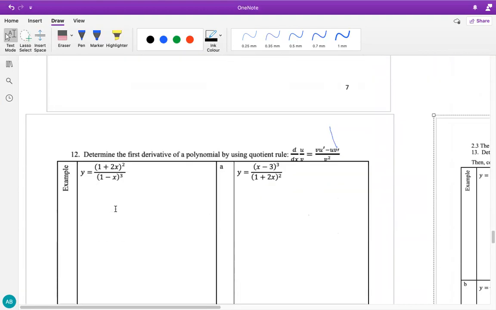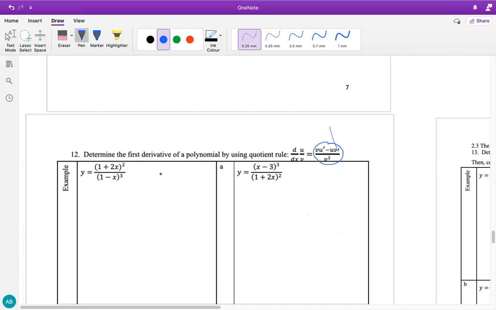Two different things. But if you don't like quotient rule, you can make it a product rule. That means if this is quotient rule, you need to know a lot of formulas, right?